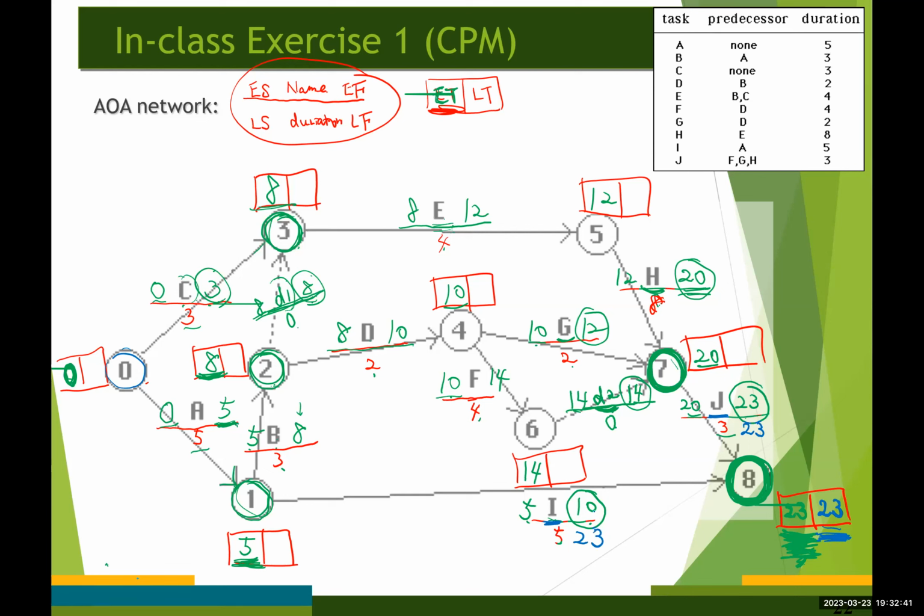Okay. And 23 minus 3, the duration for activity J, is going to be 20. Likewise, 23 minus 5 becomes 18. So the latest start time for activity I is going to be 18. But the latest start time for activity J is going to be 20.